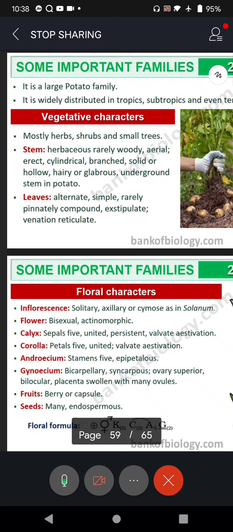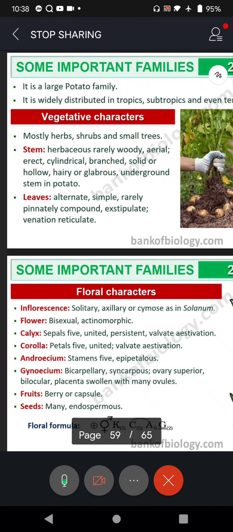Venation, reticulate venation. Now again, venation is the arrangement of veins, you know, the lines on the leaf. So the veins will be reticulate, meaning one midvein will be there and side veins will be there.